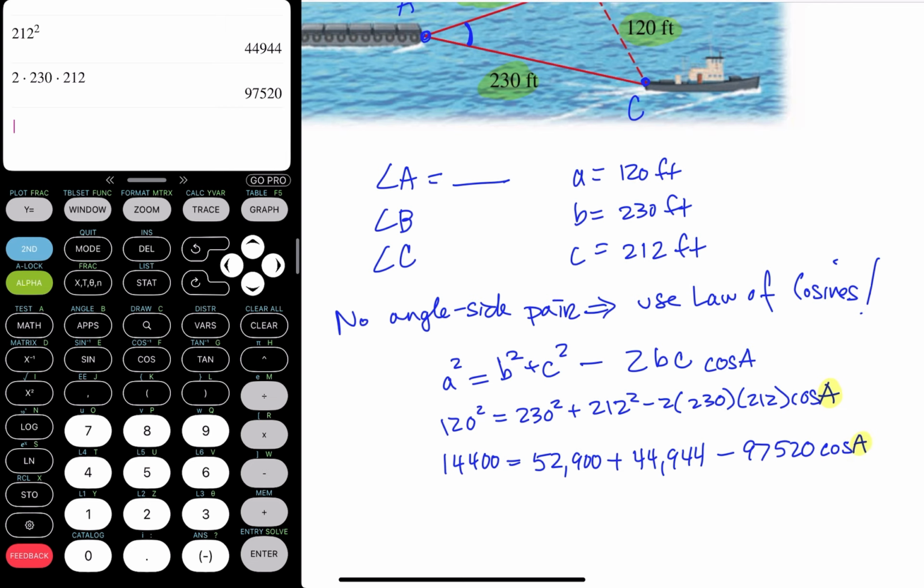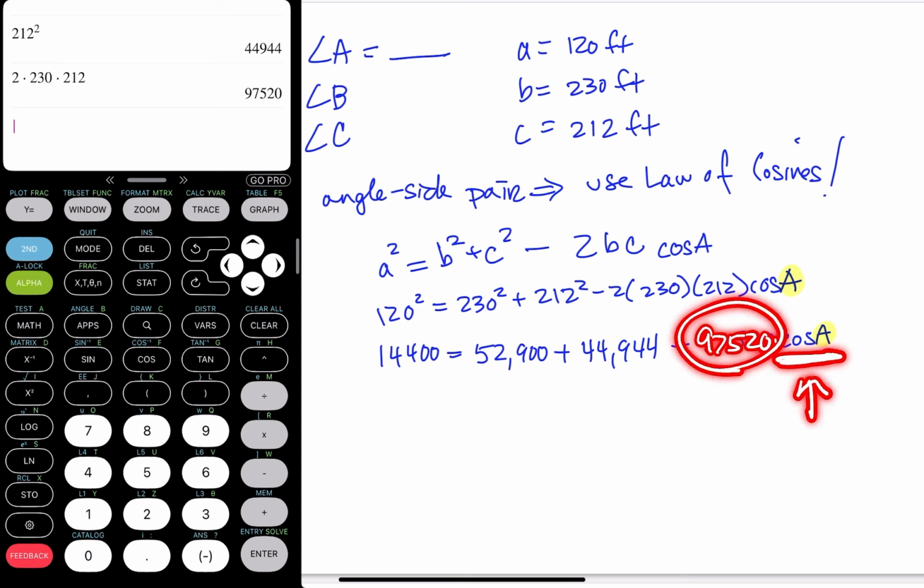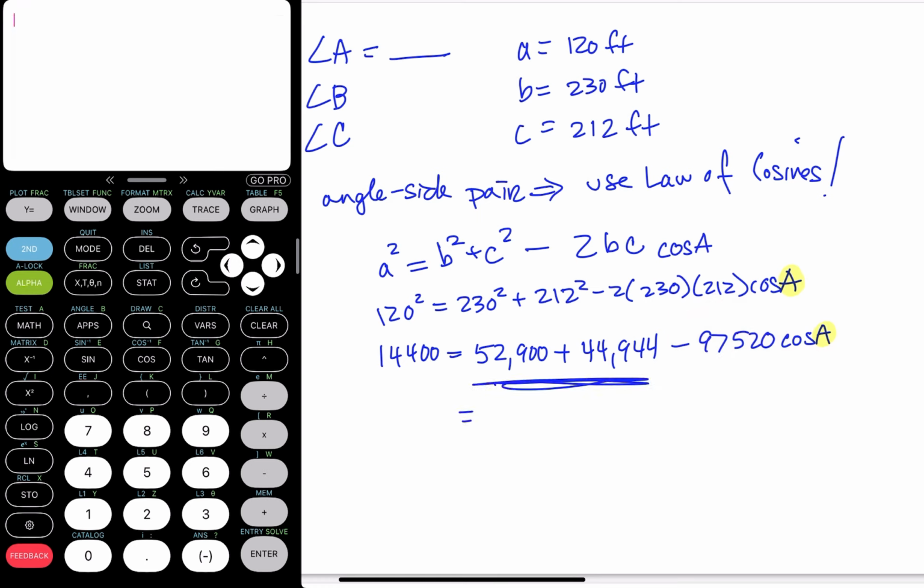So there's that A. So now the way I need you to see this is just a number is equal to a number plus another number minus one big chunk. So this is this number multiplied by cosine. The only way you can pull this number off of cosine is to do the opposite, which is divide. So I guess I have to take these two numbers and add them together.